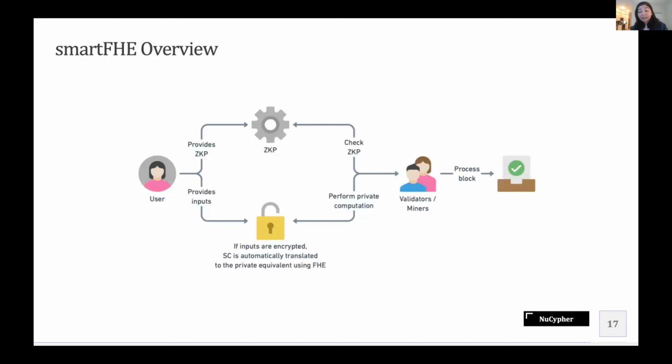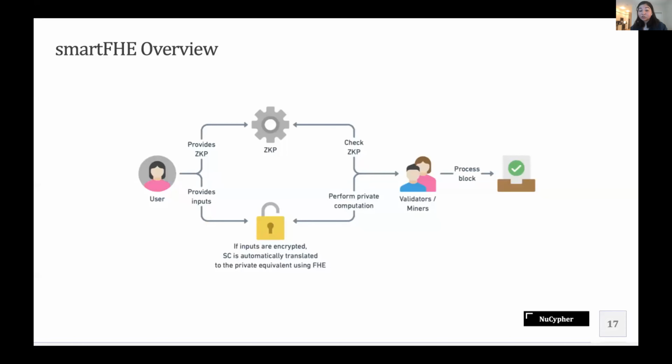So again, more generally, how does SmartFHE work? The idea is that the user provides some inputs. If the inputs are public or unencrypted, a smart contract just proceeds in the same way as it normally would, or a transaction proceeds in the normal way as it might in Ethereum.